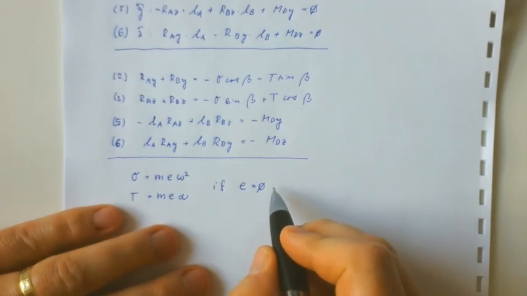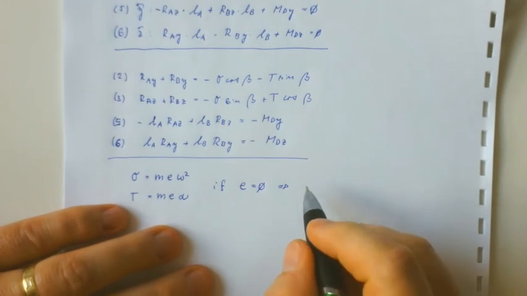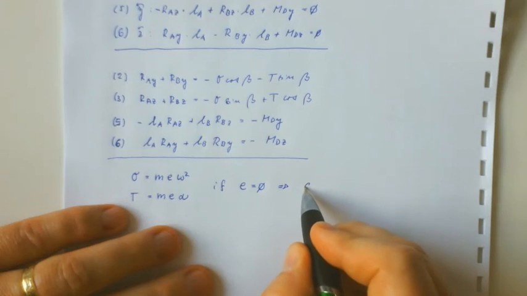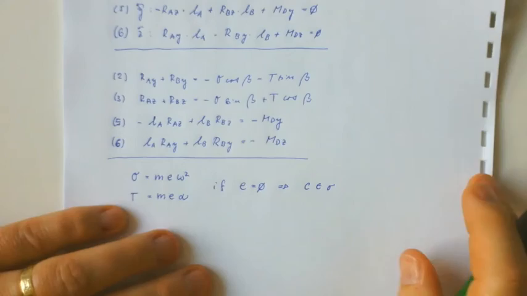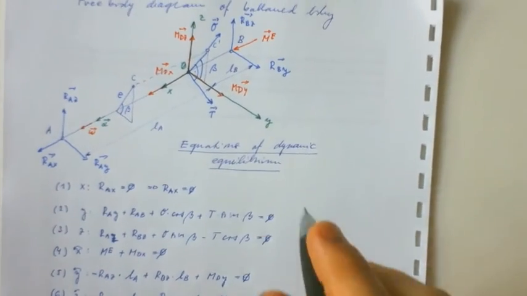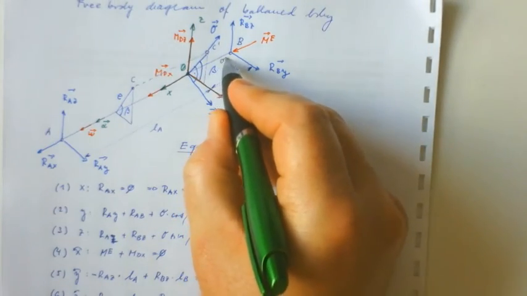So from this follows that the center of mass lies on the axis of rotation. So this is the axis of rotation.